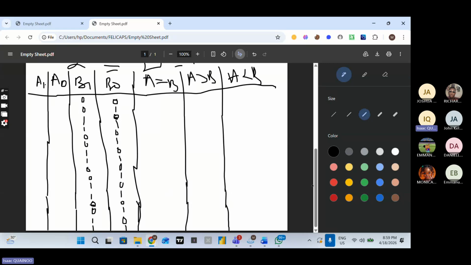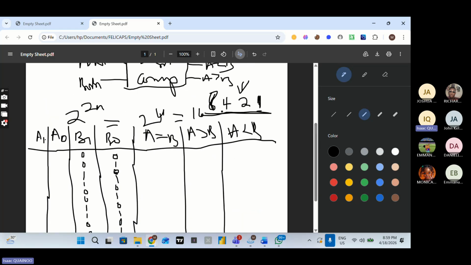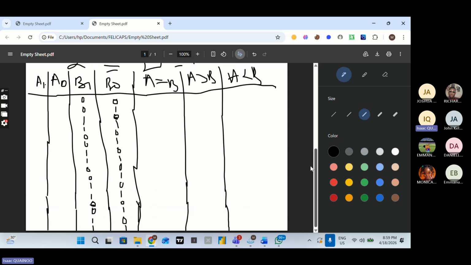I believe we've all seen how we did this. Then we come to the next one, which is 4. 4 means that we have to repeat each binary number 4 times before we move to the next. So 0 will come 4 times.